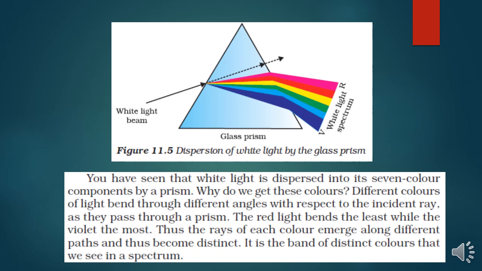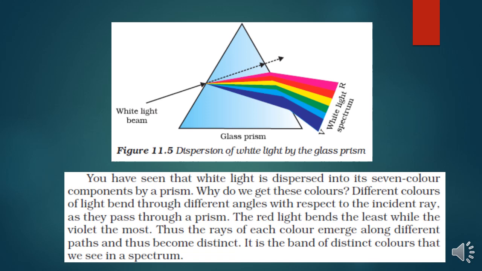That is, bending of all colors is not the same. The red light bends the least. As its bending is minimum, as you can see in the diagram, red color is obtained at the top of the spectrum.